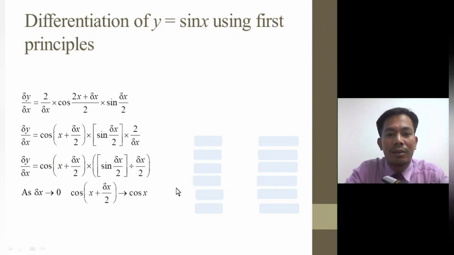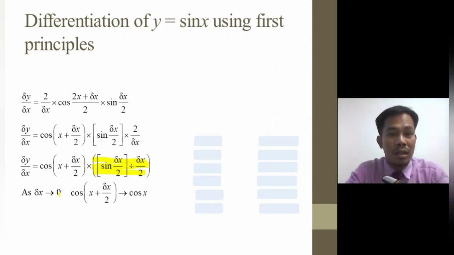Next, how do we get the value of this part? I'll shade that so that you will understand. To find the value of this part and get the value of dy over dx, you have to test the increment of x as it approaches 0.